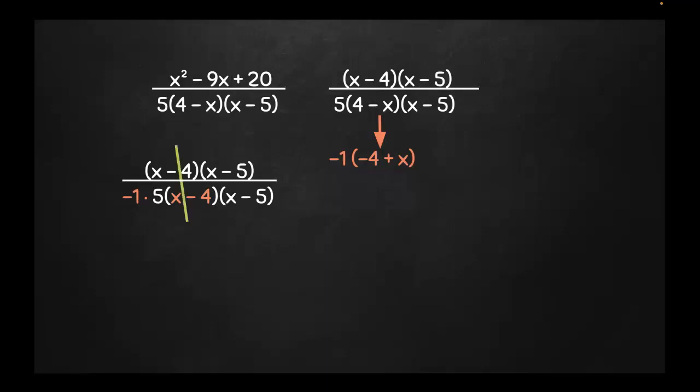I can cross out my x minus 4 factors. I can cross out my x minus 5 factors. Remember, there are invisible ones in the numerator, which don't simplify or cancel out to 0. So it's a +1 in the numerator. I've got that -1 and that 5 in the front of my two factors, so that multiplies to -5, which gets me an answer of -1/5.